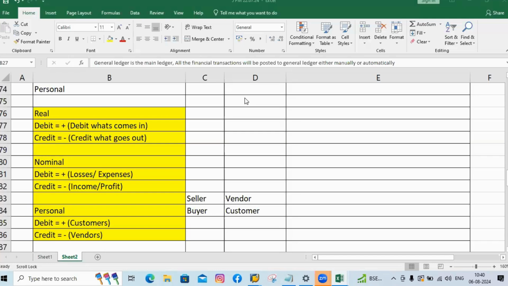I'm asking about outgoing payment, Satish, I'm not asking about posting. I'm asking about GL outgoing payment.